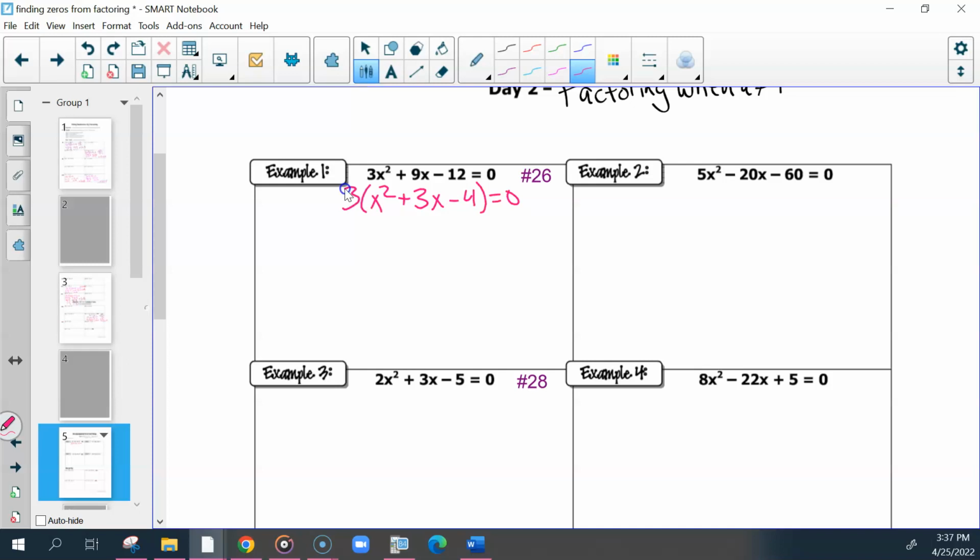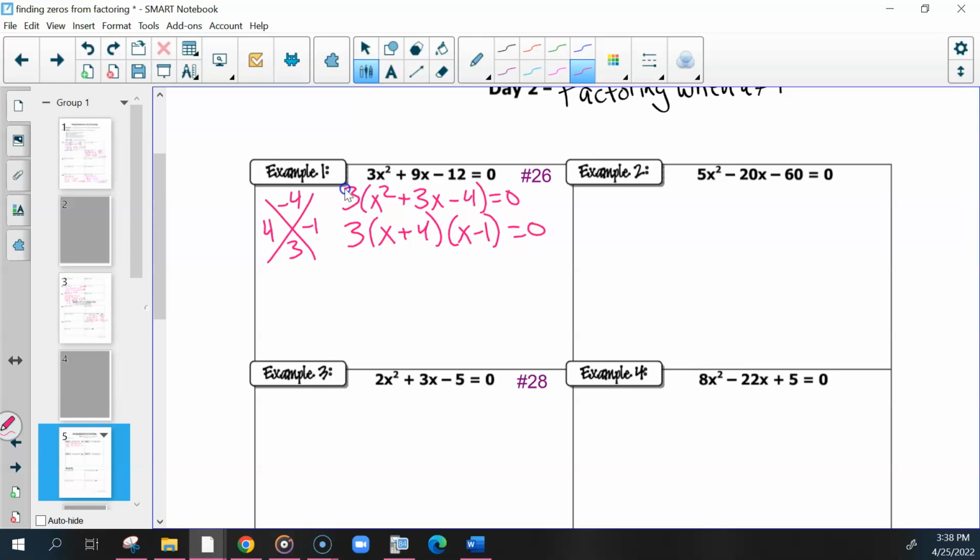And then go from there. So we're looking for two numbers that multiply to be negative 4 but add to be 3. Two that would work are positive 4 and negative 1. Now you would keep bringing down your 3 and have factors x plus 4 and x minus 1.